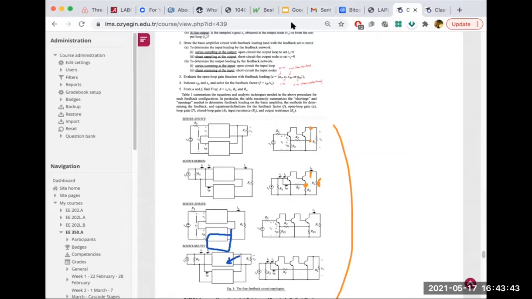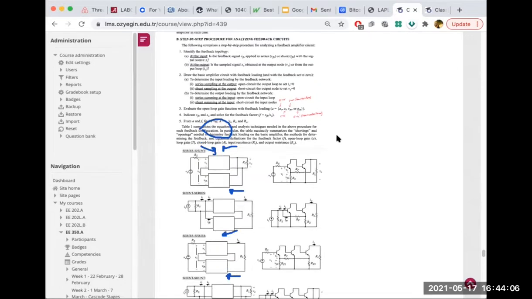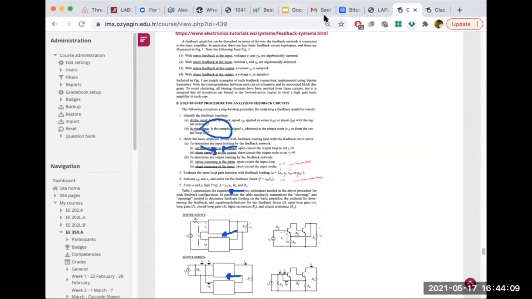So all these feedback structures actually have non-ideal impedances, as well as output impedances. And they load the main feed-forward amplifier. So to actually solve the circuit well, we have some method, and this method, I summarize it here, is a step-by-step procedure to analyze feedback circuit.